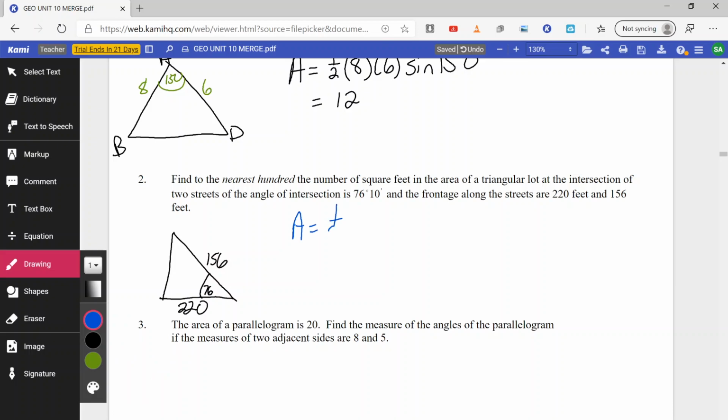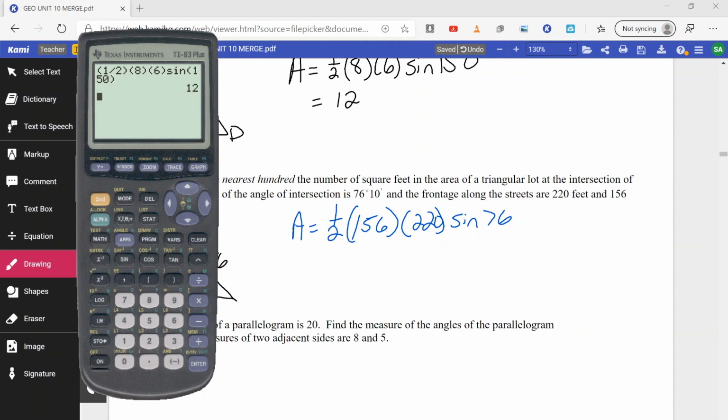Area is 1/2 times our two lengths, 156 times 220, times the sine of our angle, sine of 76. And we just have to plug it into our calculator. And it gives us 16,650.27466.